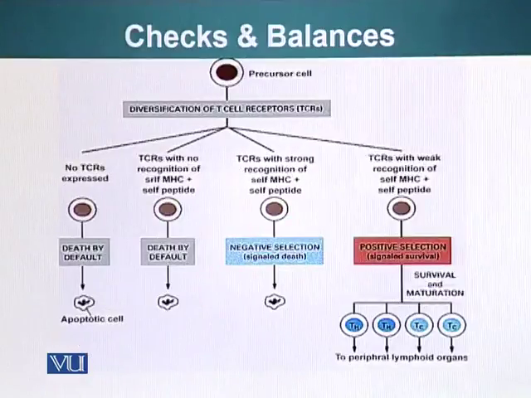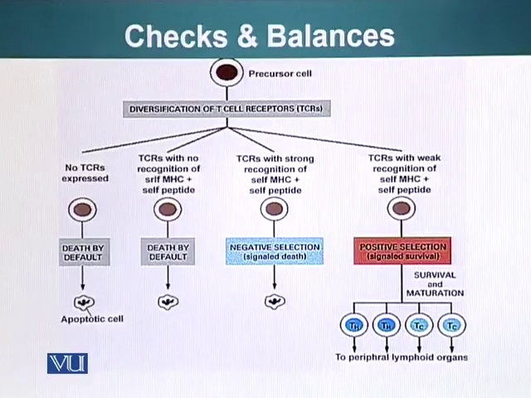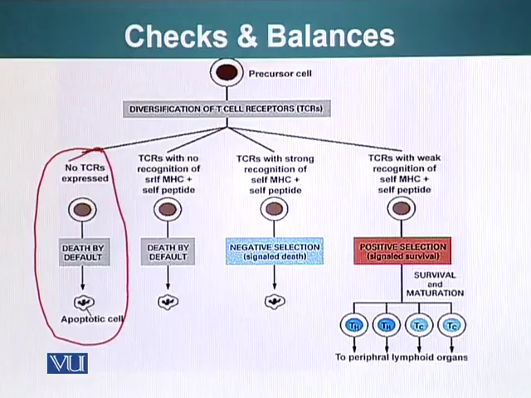So basically we don't want to keep T cells or useless cells that are not going to do any useful work. So any T cell that does not express TCR is killed by default. Those T cells which fail to produce TCR are killed, so we don't have to keep them around, feed them and take care of them when they're completely useless.